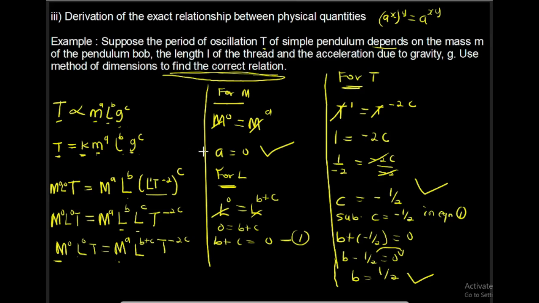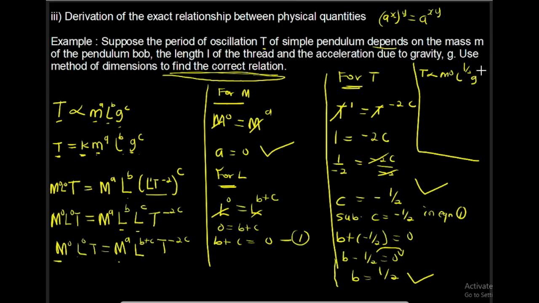So now I've gotten the value of those letters, let's get the exact relationship. From here we have t is dependent on m raised to power a. a is what? 0. So we have m raised to power 0. l raised to power b. b is what? Half. So we have l raised to power half. And then g raised to power what? c. c is minus half.